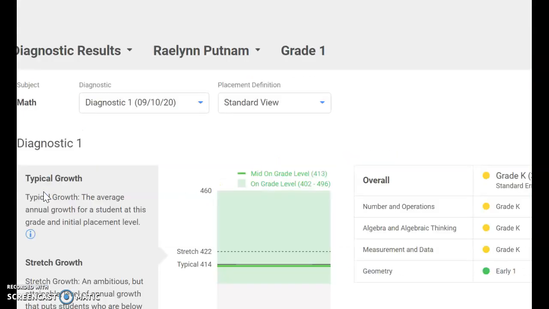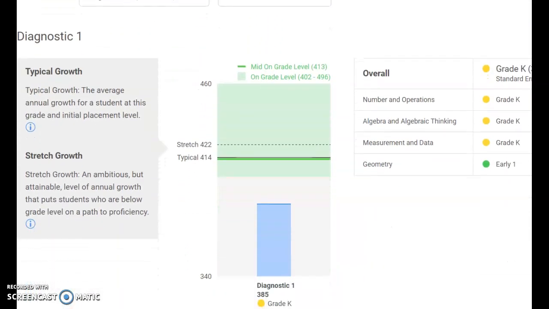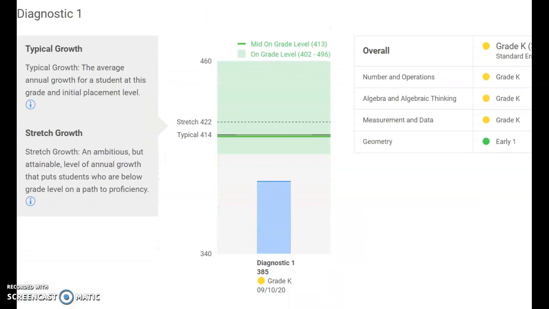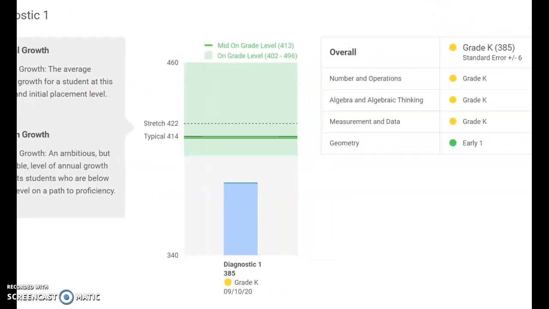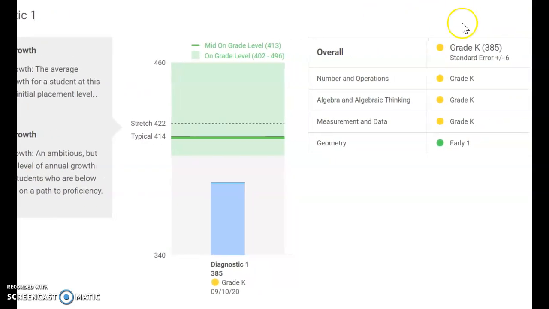And when I click on the student's name, then you can see that this student has typical growth. It gives me exactly just what the child did in every area.